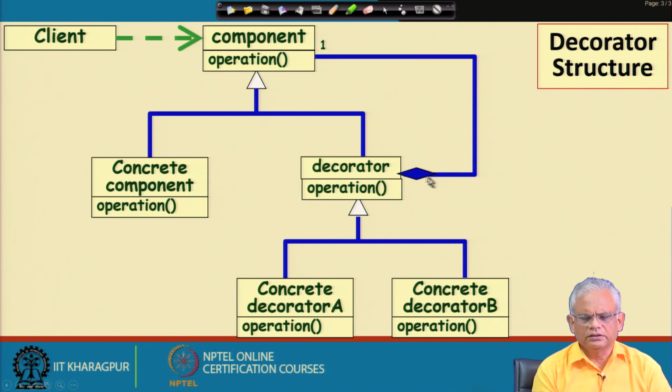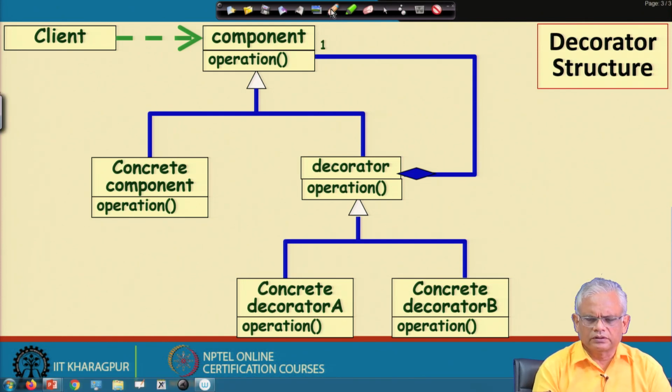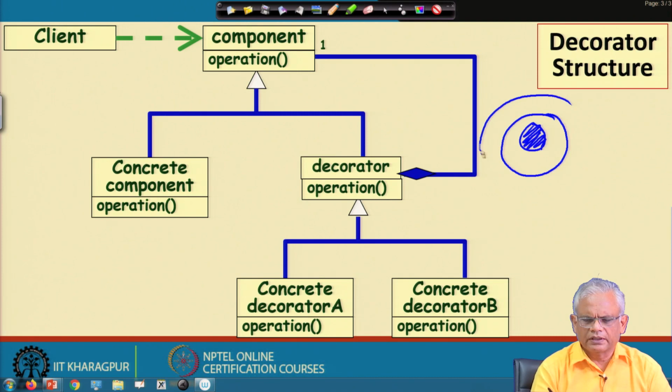And just see here that this is aggregation and the cardinality is 1. That means, for a given component, we can add only one decorator at a time, and each decorator adds additional functionality.